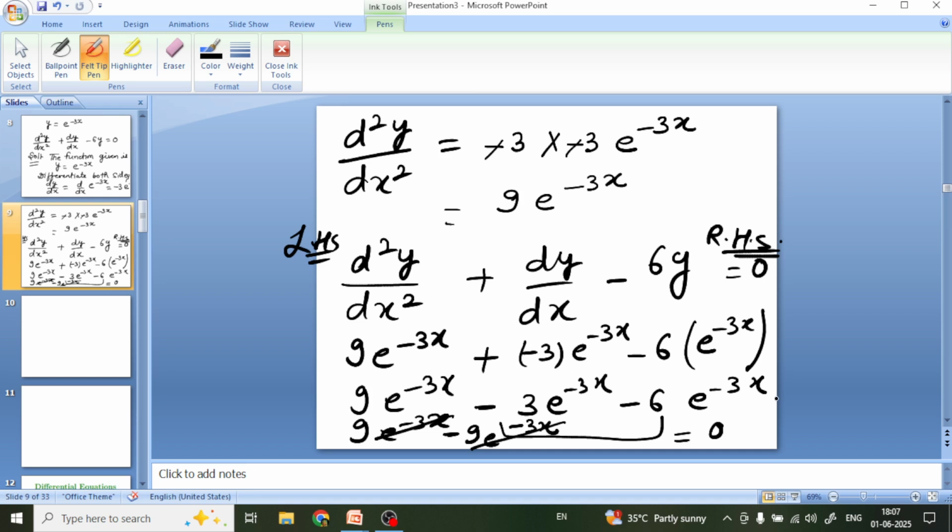You can see that left hand side equals right hand side, thus we can verify that the function y is equal to e raised to power minus 3x is a solution to the differential equation.